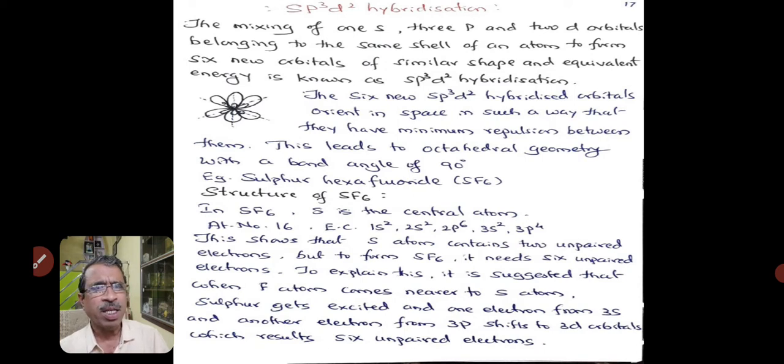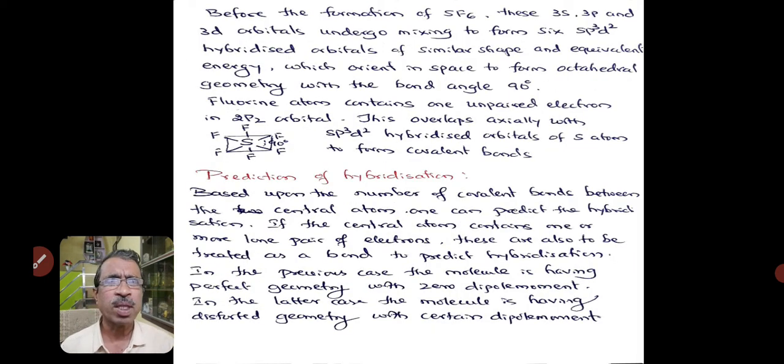To explain this, it is suggested that when fluorine atom comes nearer to sulfur atom, sulfur gets excited and one electron from 3s and another electron from 3p shifts to 3d orbitals, which results 6 unpaired electrons.